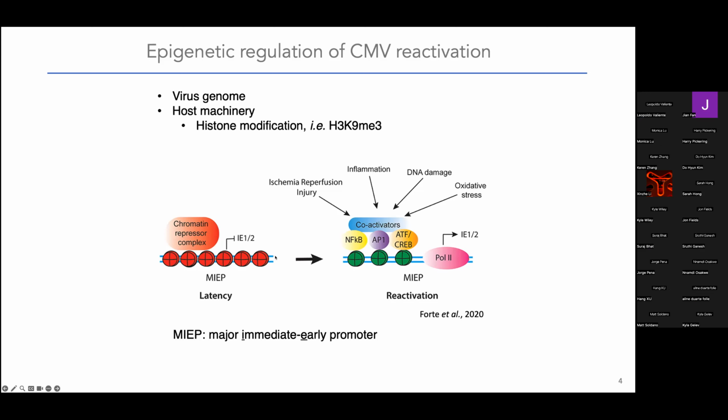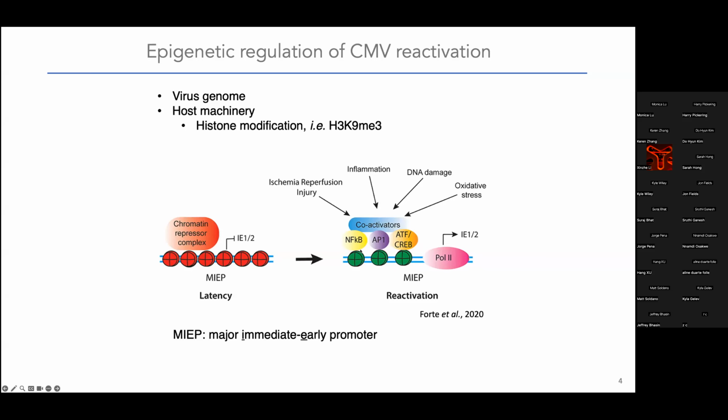But once the virus becomes reactivated, you can see the histones at these promoters become more loose. This gives other proteins, transcription factors, the chance to bind onto these regions and trigger downstream gene expression with RNA polymerase II.